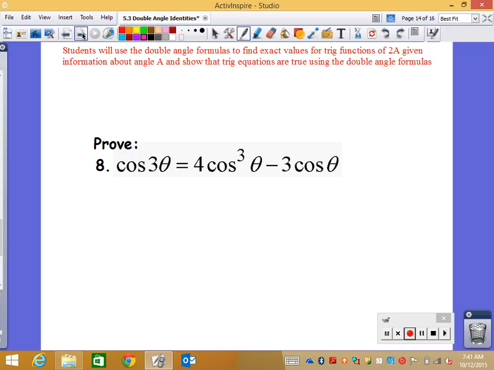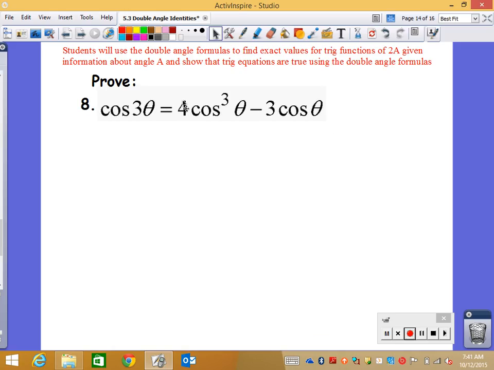Alright, we're going to do the hard one here last. Move everything up because we're going to need room. So we are proving an identity here. So I cannot touch this right-hand side. Gotta leave it alone. But I can rewrite this cosine of 3 theta. Now I don't know a triple angle identity, but I do happen to know that cosine of 3 theta is equal to the cosine of 2 theta plus theta.